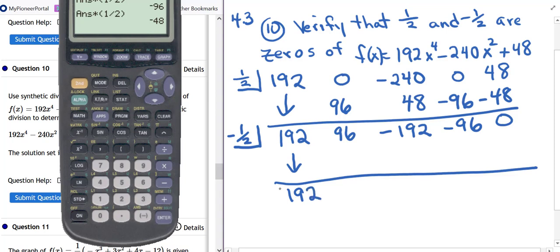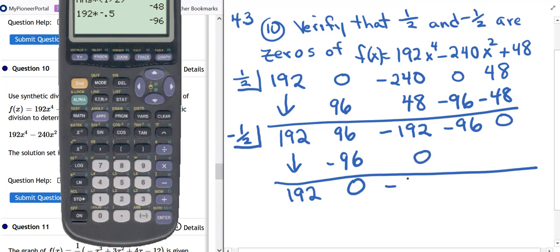All right, so we're going to do 192 times -1/2. And I'm going to just be a little lazy here and put 0.5. It's less keystrokes. So -96. And this gives us 0, which is nice. 0 times -1/2 is 0.